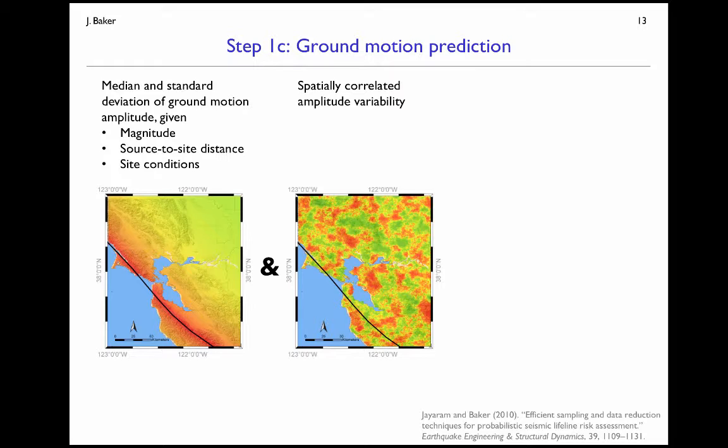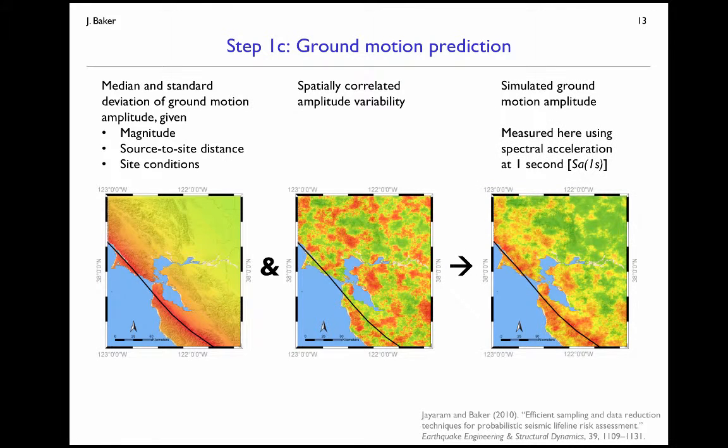But we also know that amplitude variability is spatially correlated. So if you have a higher than expected ground motion at one site, adjacent sites are likely to also have higher than expected amplitudes. So we'll simulate a spatially correlated random field here to reflect that variability. And we'll put the median prediction with the variability together to get a simulation of ground shaking amplitude.